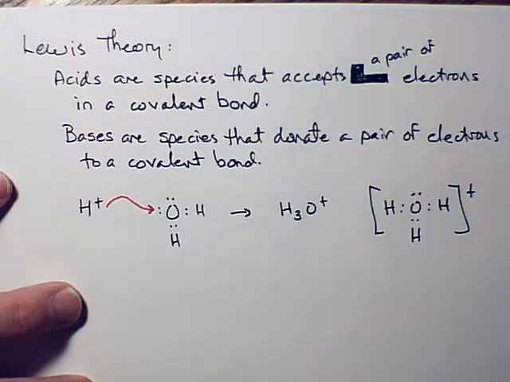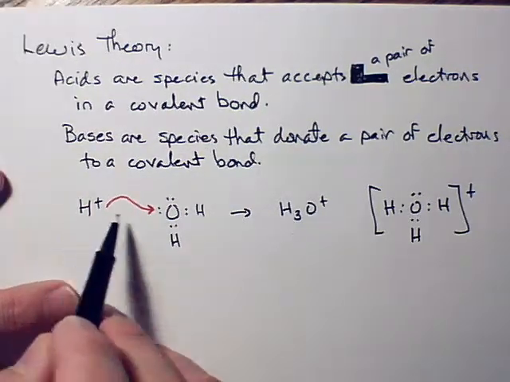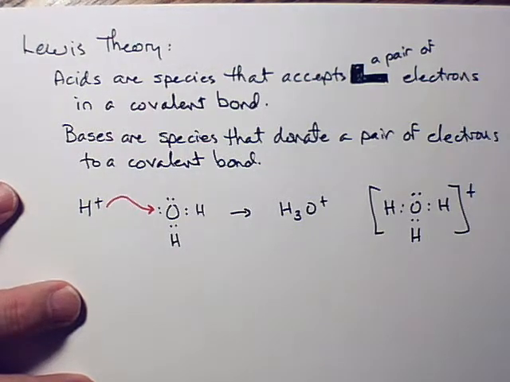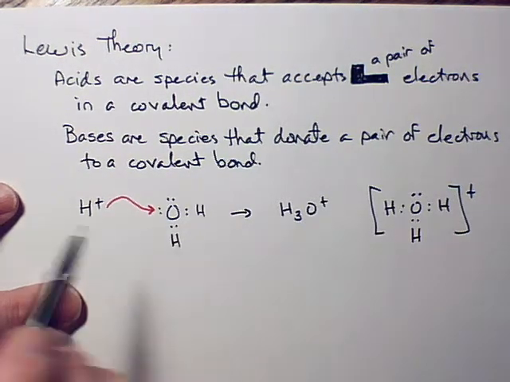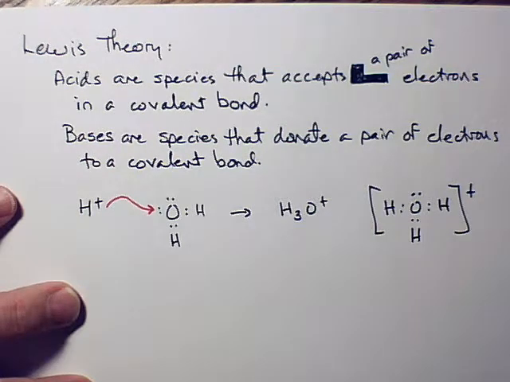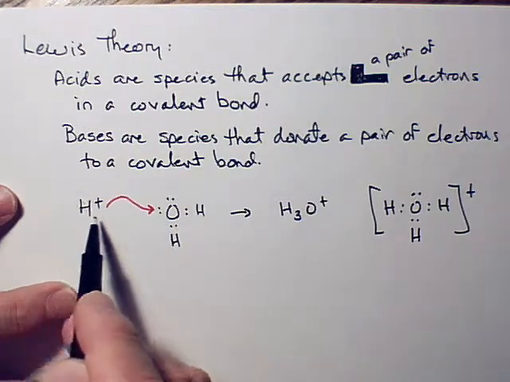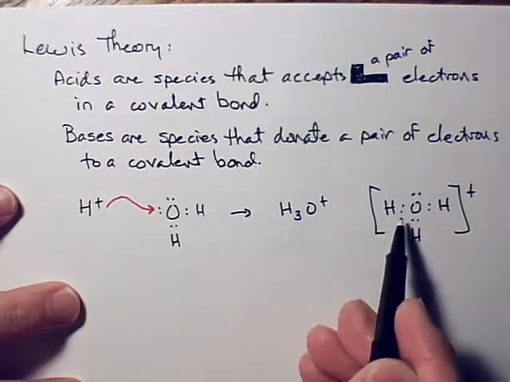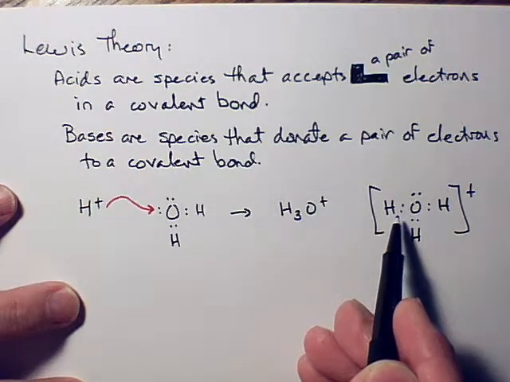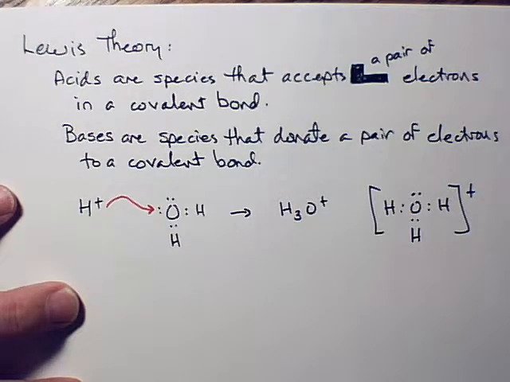So, what species here accepted a pair of electrons in a covalent bond? A or B? A. This didn't have any pair of electrons. It accepted this pair into this covalent bond right here. See it? So this is our Lewis acid.